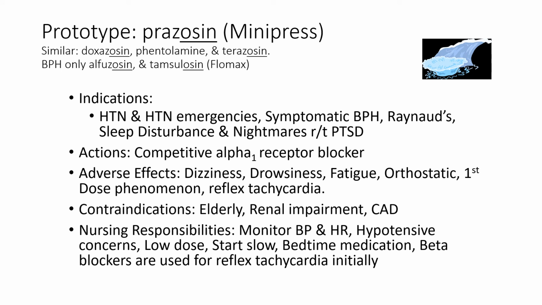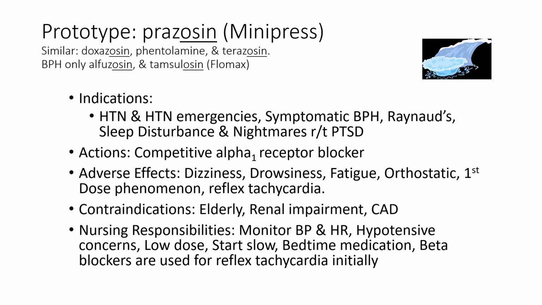First dose phenomenon is, and this is why we initially give this medication at bedtime, because you're lying down and sleeping. So even if it causes a first dose significant effect of lowering your blood pressure, you're lying down and sleeping. So first dose phenomenon can happen in any blood pressure medications, but in particular, it can happen in this group.